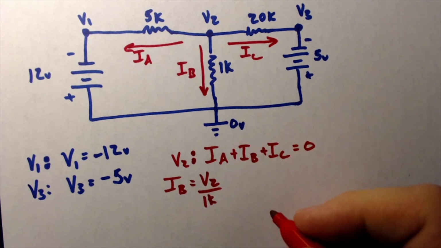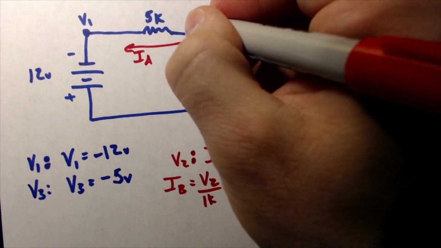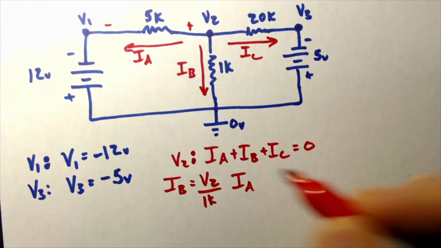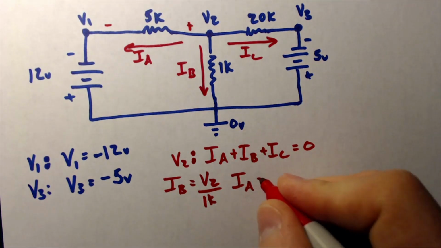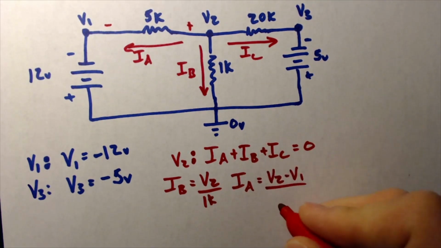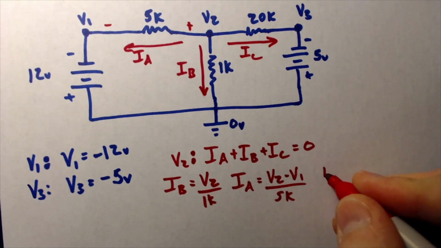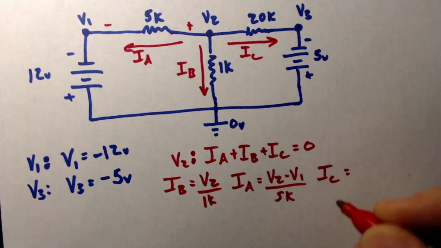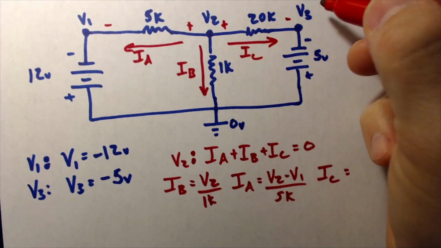All right, that takes care of IB. Let's do IA. I'll let the current help me out here. Positive here. Current goes from higher to lower. So plus V2 minus V1 divided by 5K. And our last one, again, I'll let the current help me out, so plus V2 minus V3.